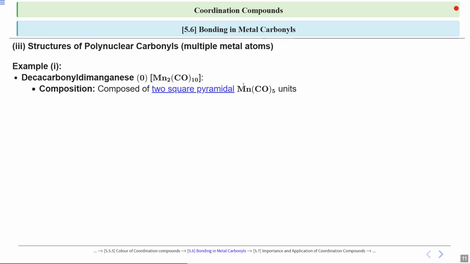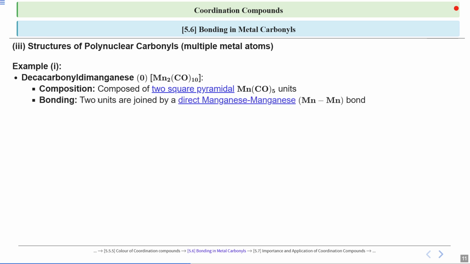That means there will be 2 units having square pyramidal structure. Each unit has Mn as a central metal attached to 5 carbonyls. This unit attaches to another manganese unit, forming this complex decacarbonyl dimanganese. That's why we are writing here that it is composed of 2 square pyramidal Mn(CO)5 units.